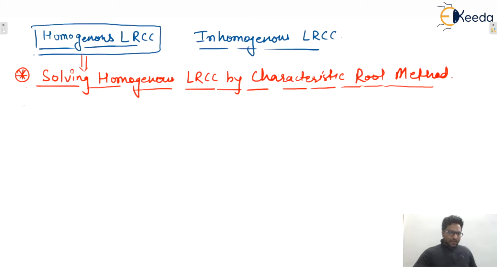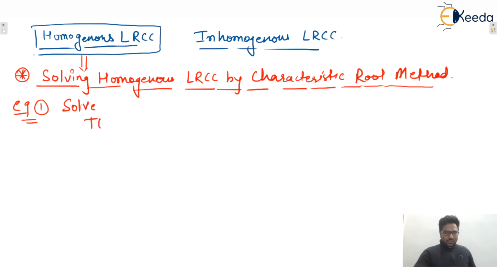Okay, so let us consider one example. I am assuming one example, and with the help of this example I will explain to you what is this method, what is characteristic root method to solve any homogeneous LRCC. So consider, let's say, solve.